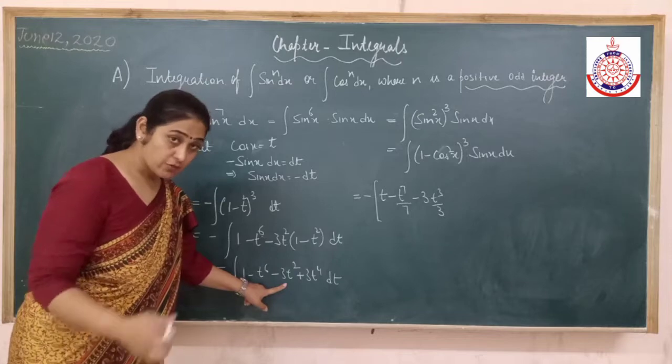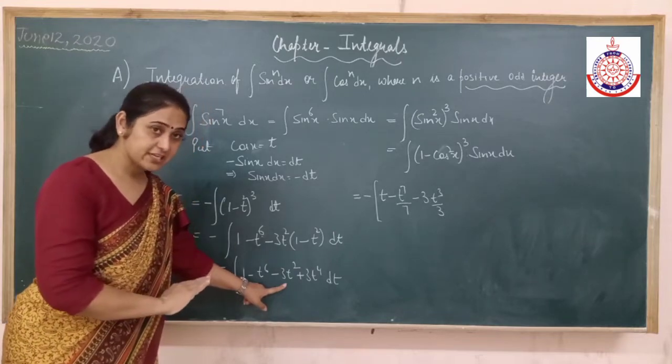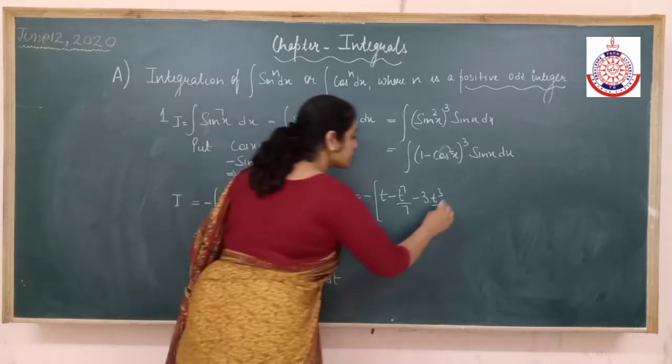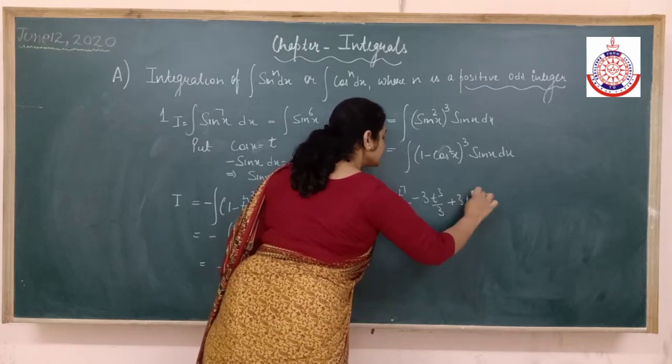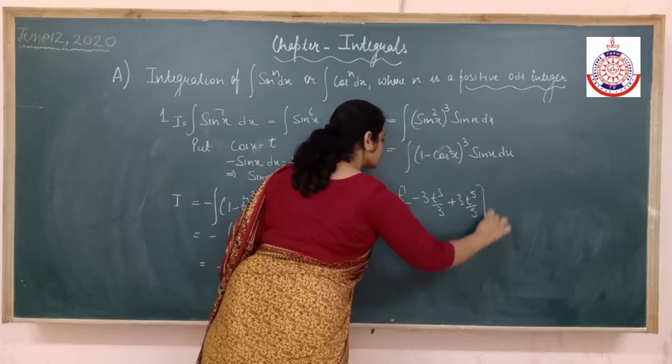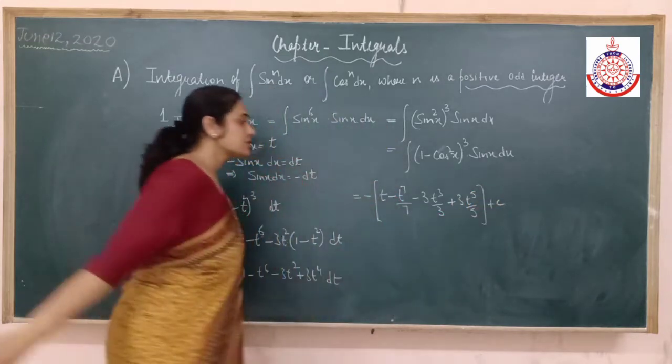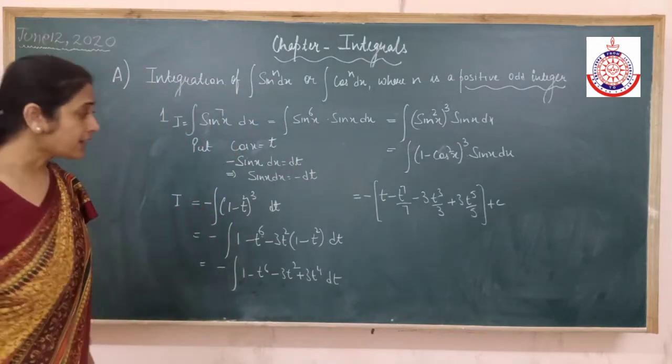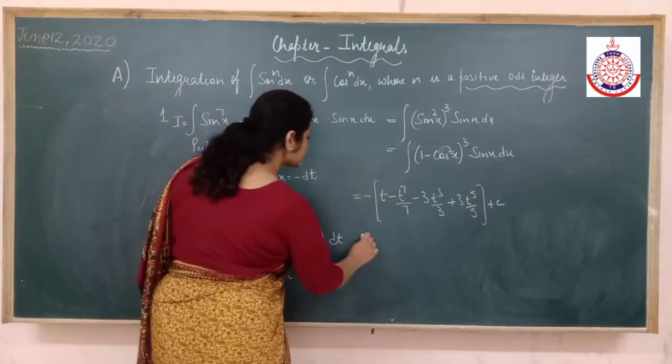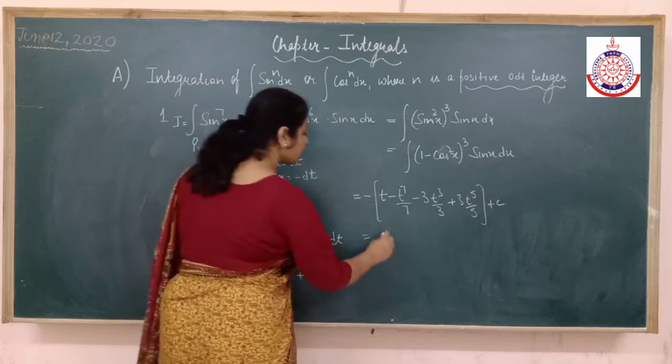It's a constant coefficient, it will go out of the integral. We have done the rule. Integration of t raised to power 4 will be. That's it. Put the value of t back, and I can adjust this negative also inside. So put the value of t.